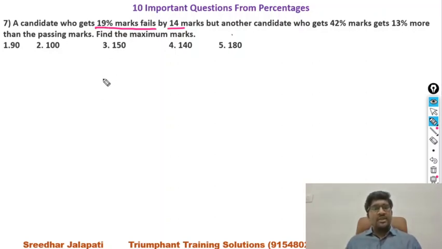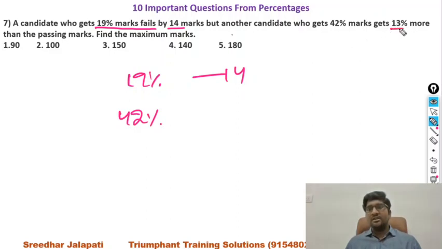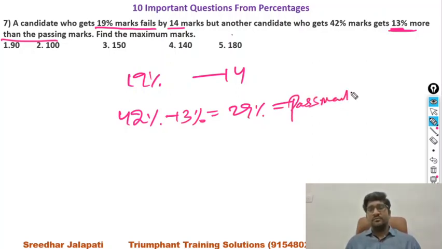In examples also we have seen one type of this question. One of the candidates got 19% of marks and he failed by 14. The other candidate got 42% marks. He got 13% more than pass. So if I subtract 13 percentage from him, then the 29% he got is actually pass marks. 29% is pass marks.